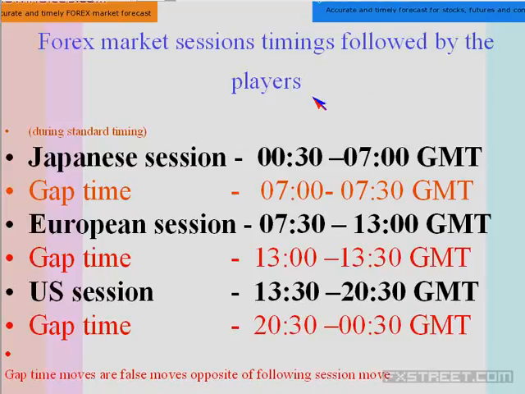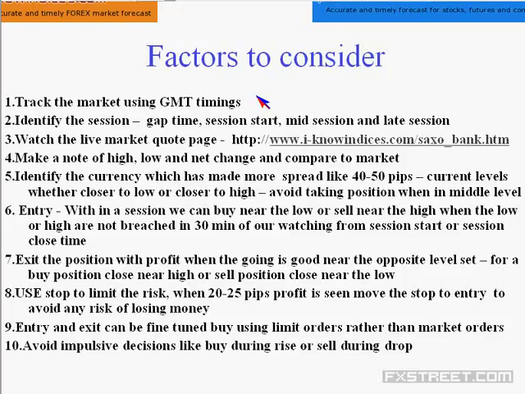So how do we go about taking trading decisions? First of all, we use GMT time to track the market. I have also given the session timings in GMT so that you can easily understand that the 24-hour market can be split into 3 components, and in between you find the gap times.